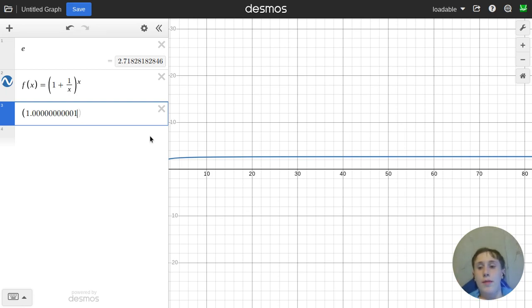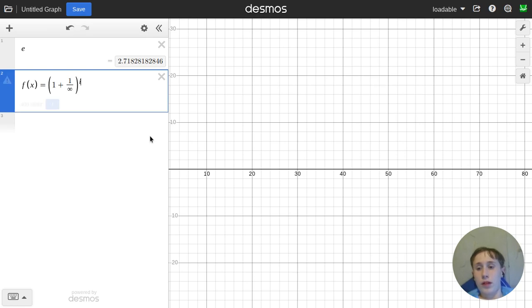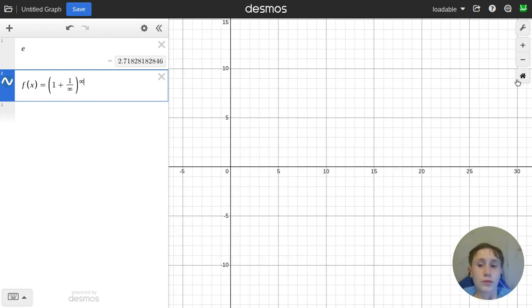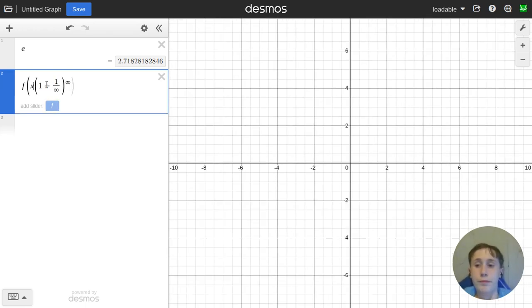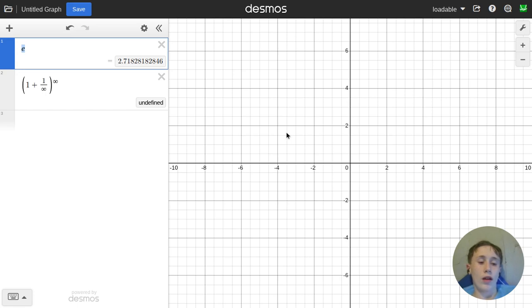So it'd be like 1 plus 1 over infinity, to the infinity. Desmos is going to say that's undefined, but that's e. So that's the limit definition of e.